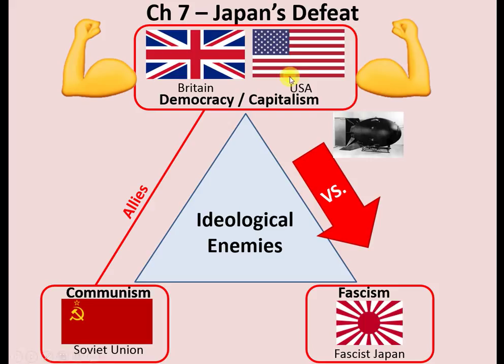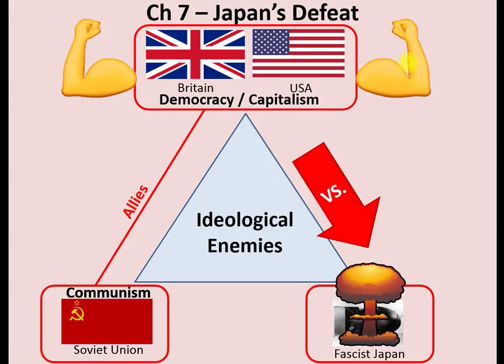And so this is what happened. The bomb went off, and the Americans were saying, hey, are you impressed by that? Who are they asking that to? They're asking that to the Soviets, because remember, the Soviets, even though they were allies, were still ideological enemies.